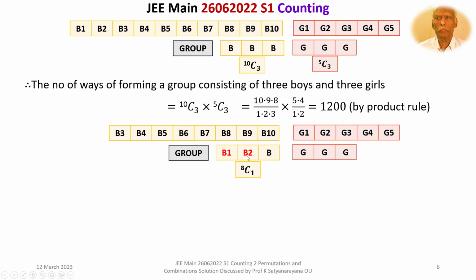Therefore, in the case of the boys, 1 boy out of 8, 8C1, multiplied by 5C3.